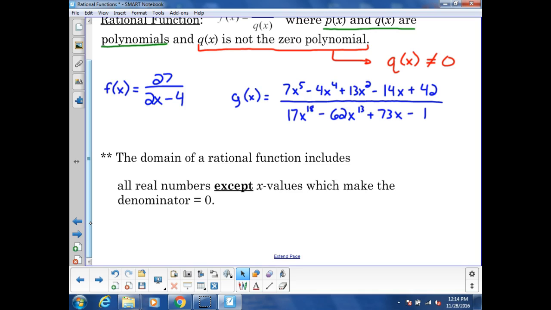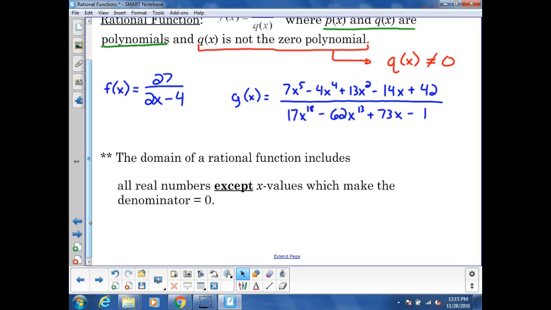So we don't like denominators equal to 0, so we can't have those as part of the domain.